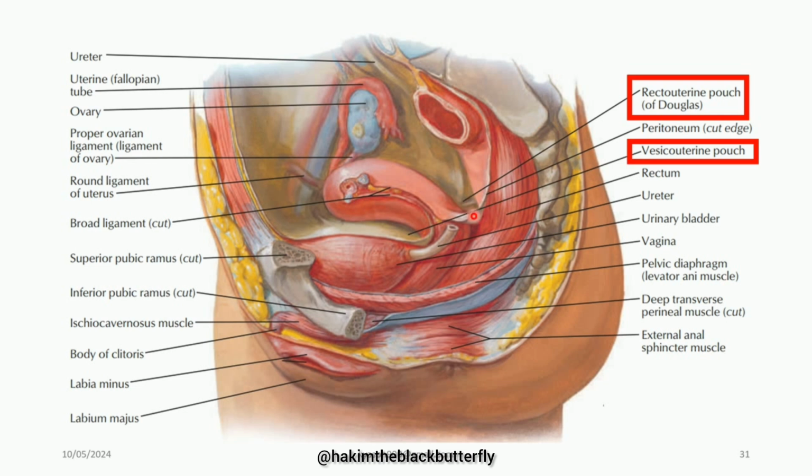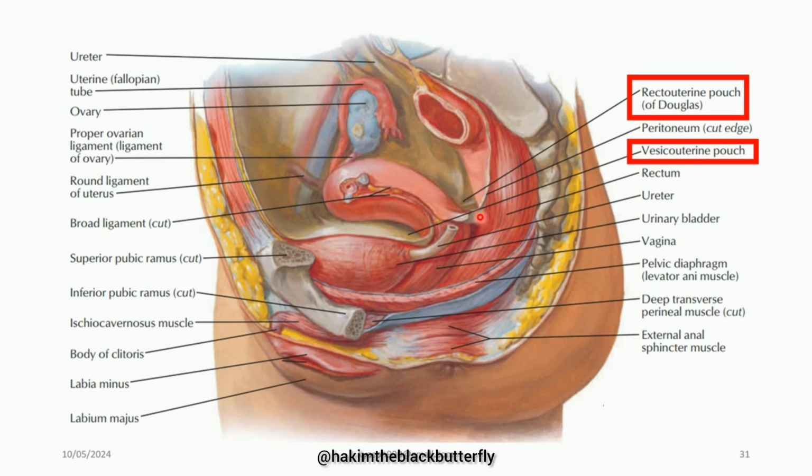But the fluid here can be so much in case, let's say this lady has got ascites. If this lady has too much fluid in the peritoneal cavity, this fluid can extend down to fill these pouches. Additionally, if this lady has got a pelvic inflammatory disease, as we explained earlier on, it's possible to have so much fluid in these spaces.